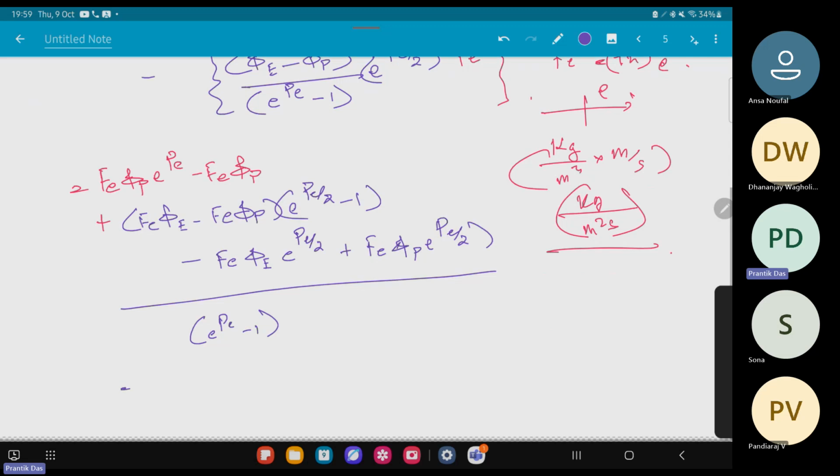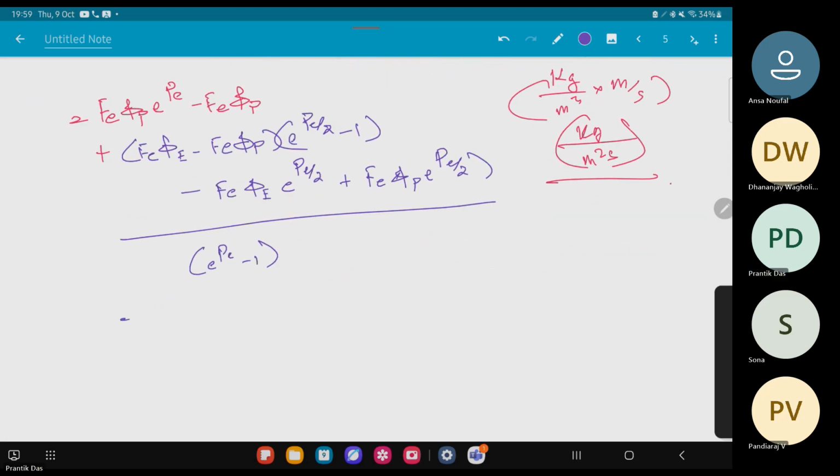And then this can be simplified further, which will result in Fe phi p exponential of Peclet number minus Fe phi e, divided by exponential of Peclet number minus 1.